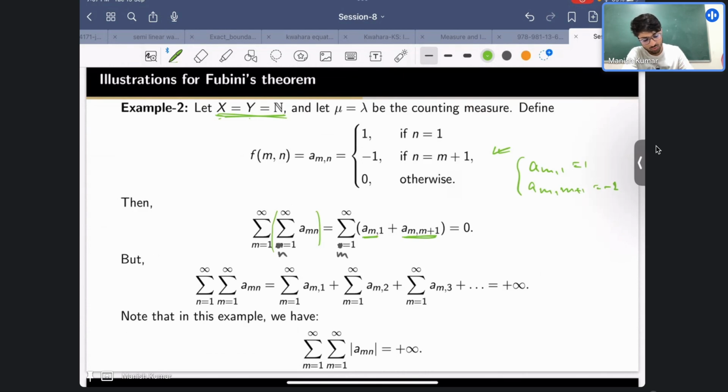Now you vary over m, and this is 1 minus 1, so this whole quantity is 0. Now you sum 0 infinitely many times, you will get 0.